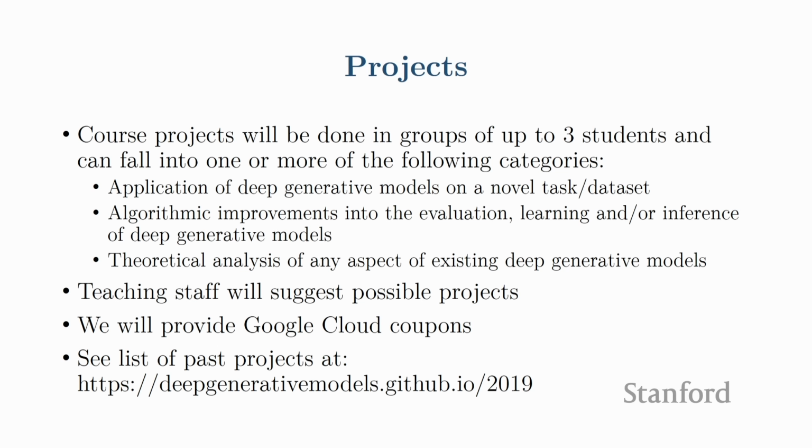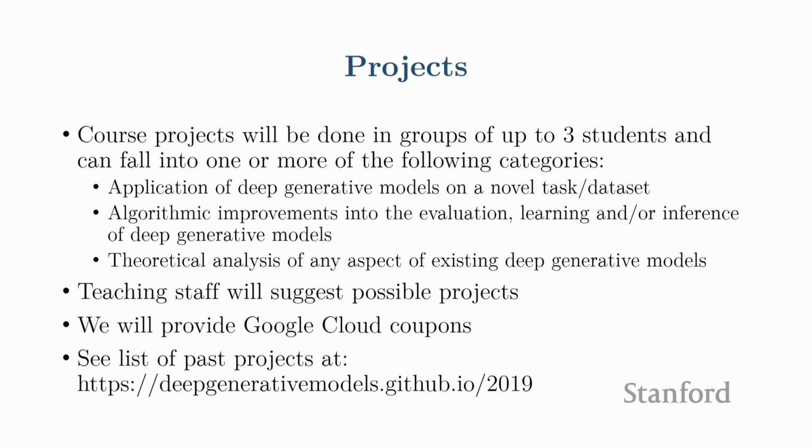So there is lots of room for developing a better theory in this space. We'll also be suggesting possible projects. So look out for some information about possible projects that can be suggested by TAs or other faculty on campus.